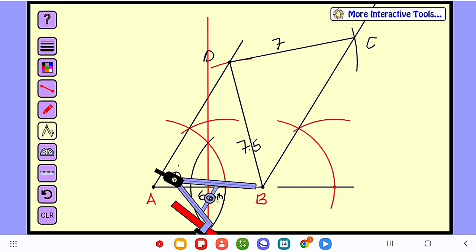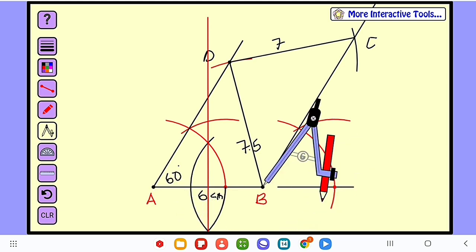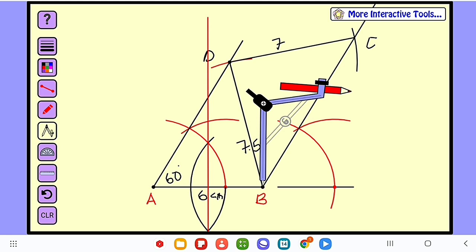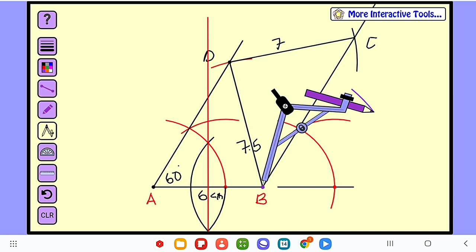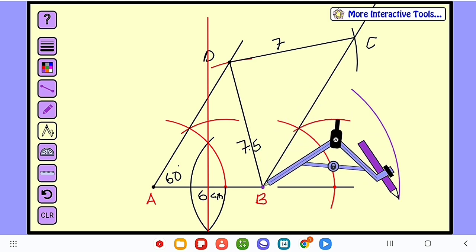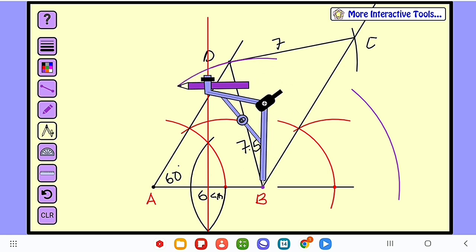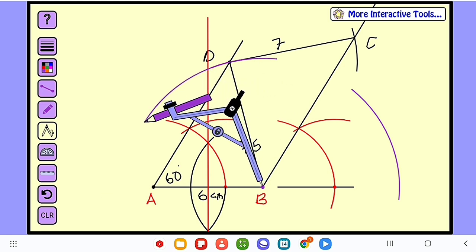Bring the compass, place it on B, then extend the radius. Make sure that the radius is more than half of the line. You see, at least it is more than half of the line like this. Then draw an arc to both sides of line BC. One here, and construct the other one to the other end, and one here.